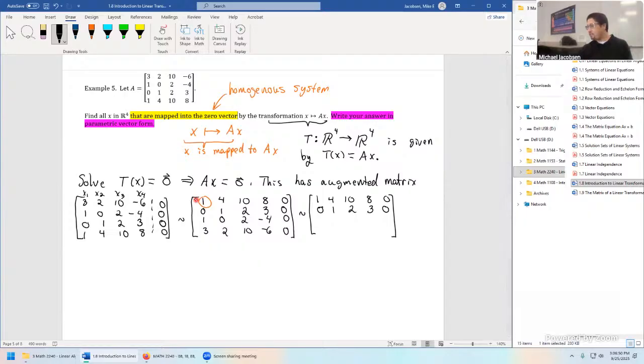Multiply row 1 by negative 1, add to row 3, and we'll get 0. Negative 4, that's a negative 10 plus 2, so a negative 8. This is negative 8 minus 4, so negative 12, and 0. Good idea to double check with all these numbers. Okay, I think we're so far so good.